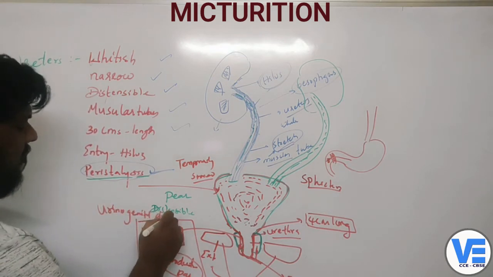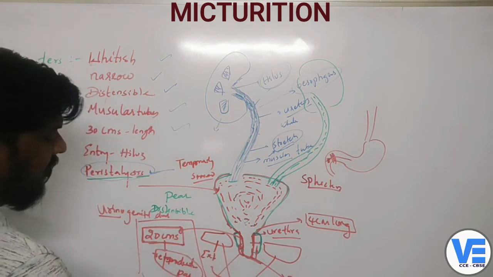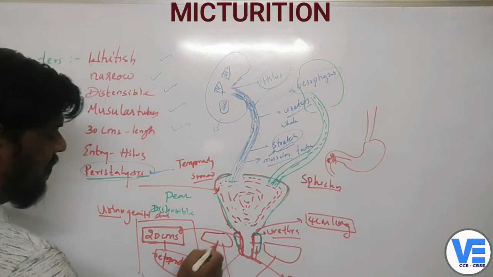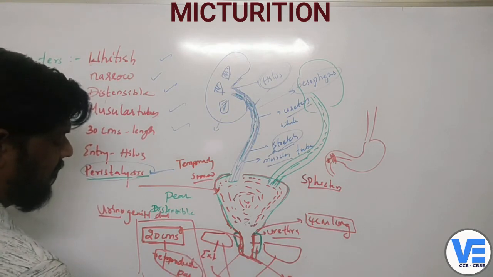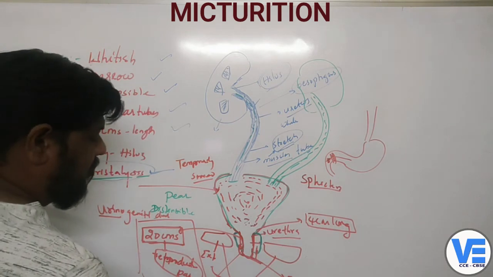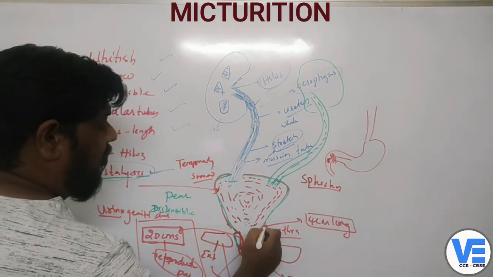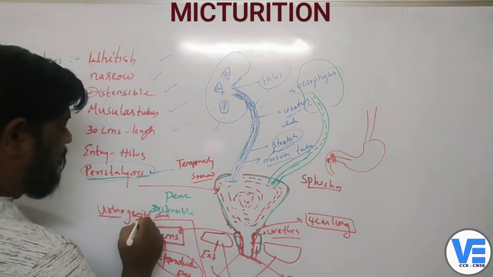That means the same organ is used to pass the urine and also the sperms. That's why we call it the urinogenital duct.